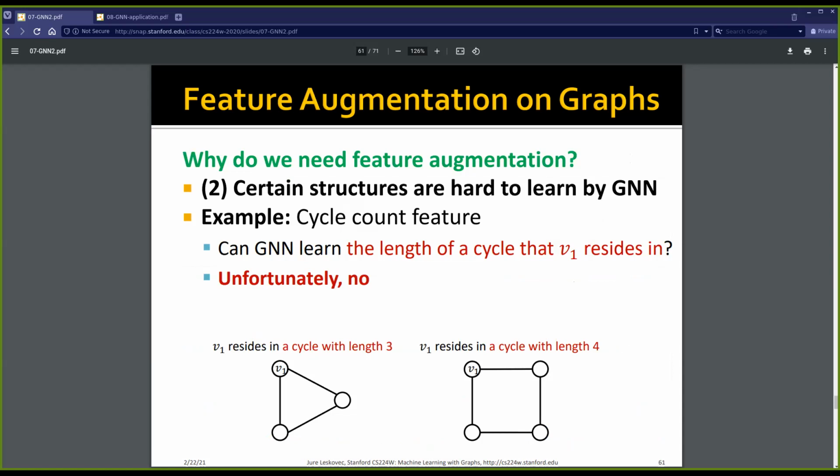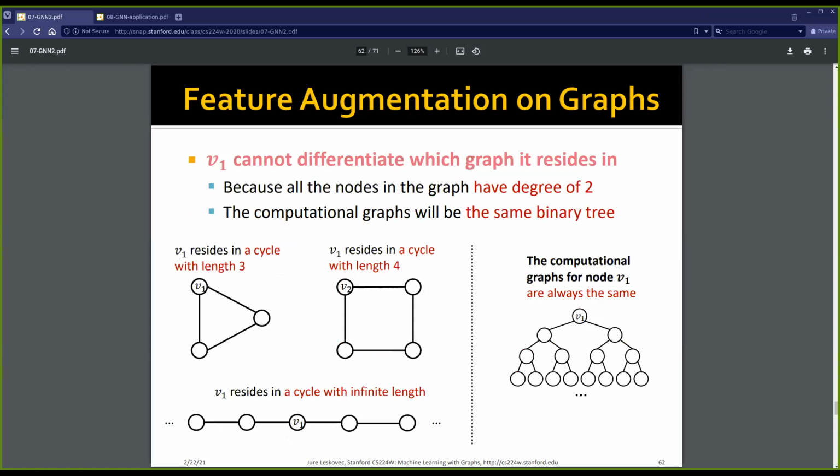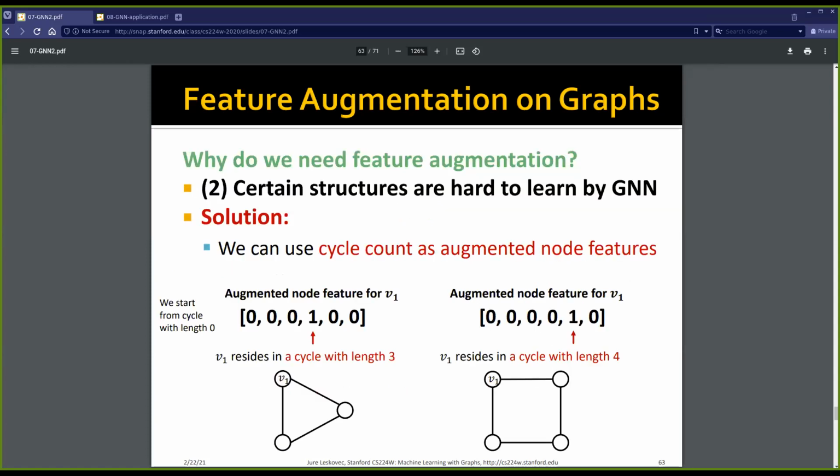Its neighborhoods are exactly the same, degree 2 neighbors, and we cannot distinguish such cases. But if we add additional features, or bootstrap features such as the number of cycles of length 0, 1, 2, 3, and so on, then we can distinguish these two cases.